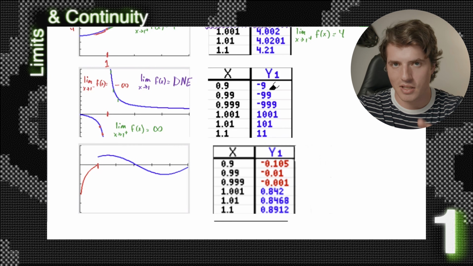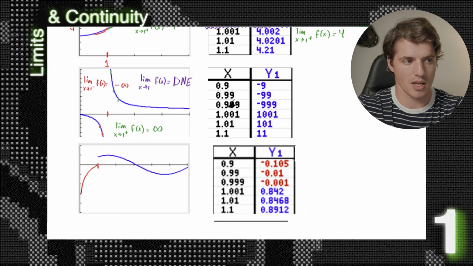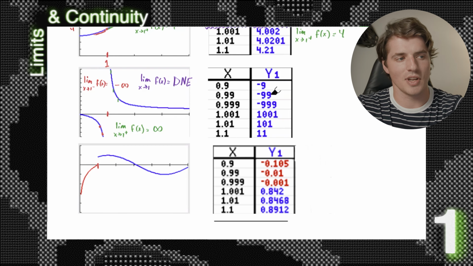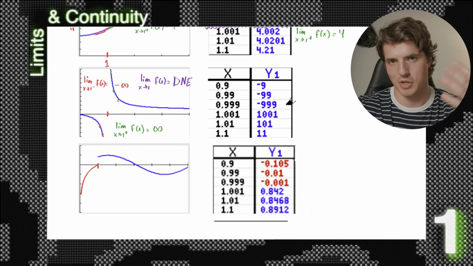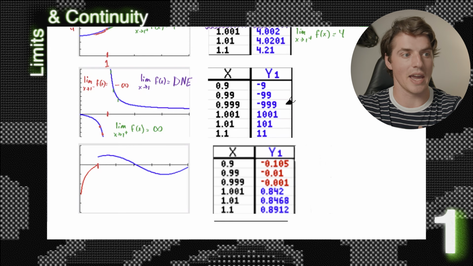Okay, look at the same thing with the table. We're getting closer from the left, 0.9, 0.99, 0.999. And we're going from -9 to -99 to -999. And you can see the pattern here. We're just going to be getting larger and more negative.